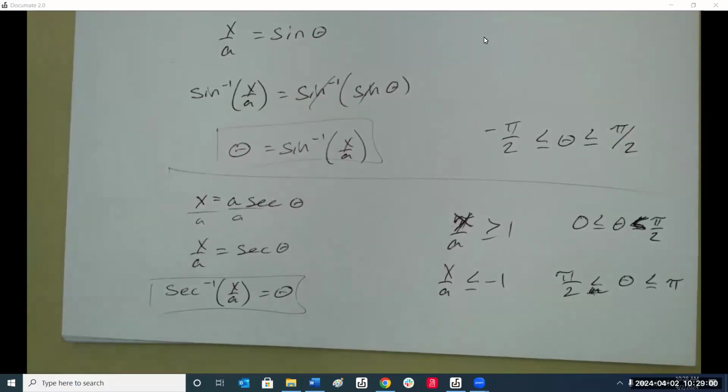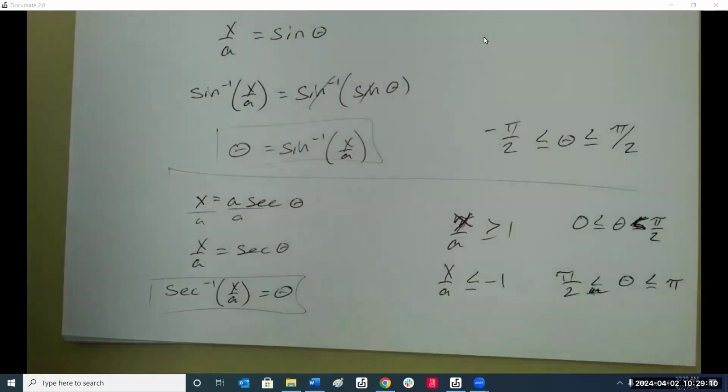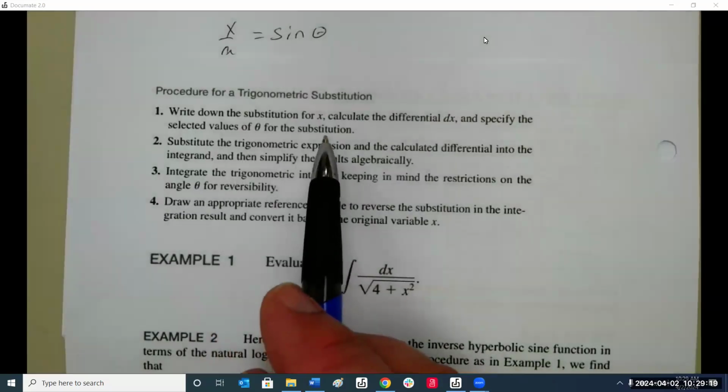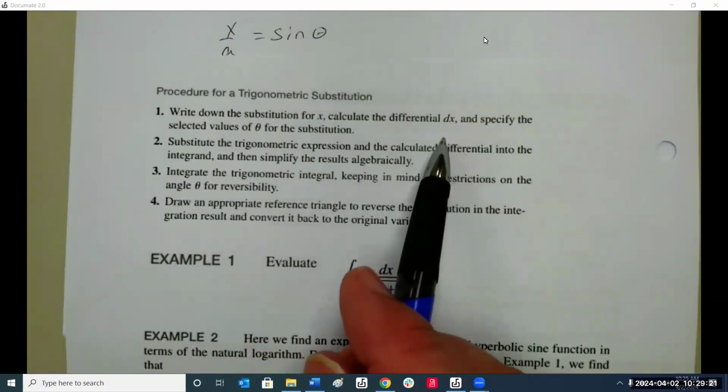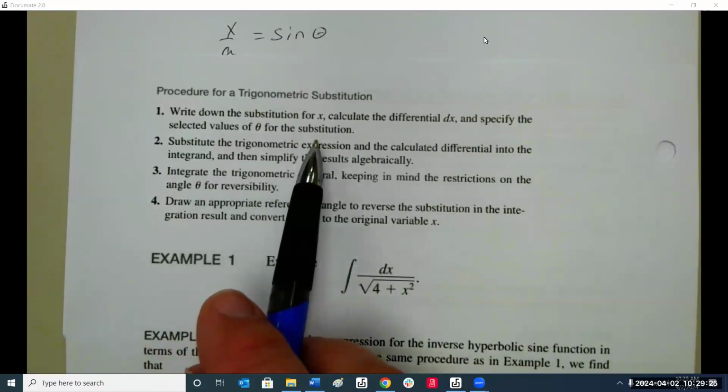All right, so let's see what we have here. Let's get to our first example. I gave you all also the procedures of finding these things. So here are the procedures from your sheet. Write down the substitution of x, calculate the differential dx, and specify the selected value theta for the substitution.